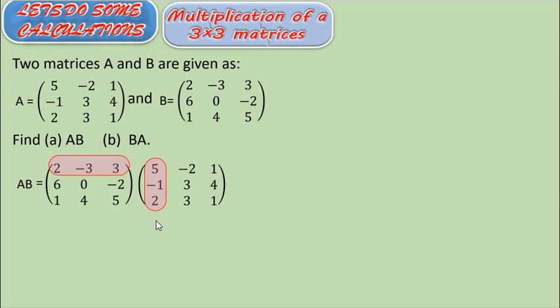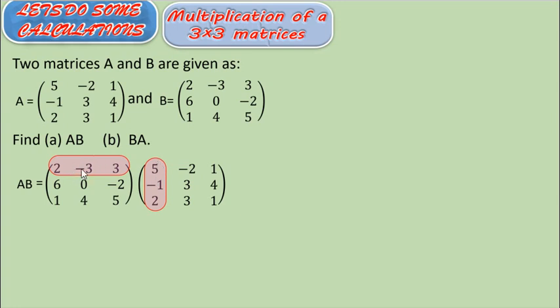So it's conformable. Now, the first row is going to multiply the first column to give us the element that will be in row 1, column 1. In multiplying, the first element in this row will multiply the first element in this column.